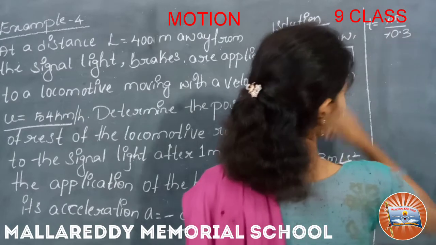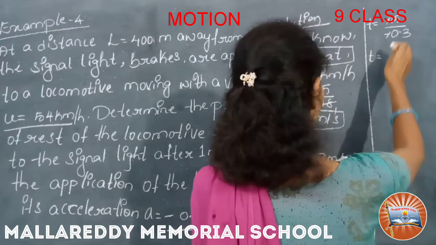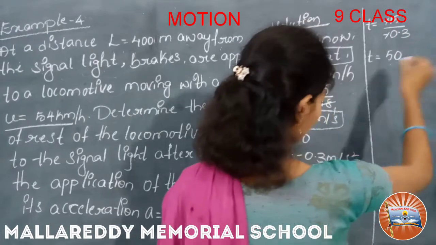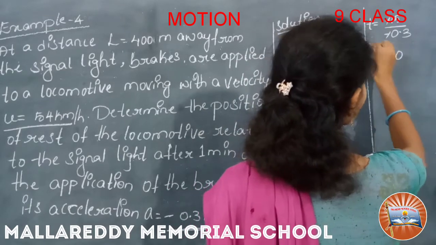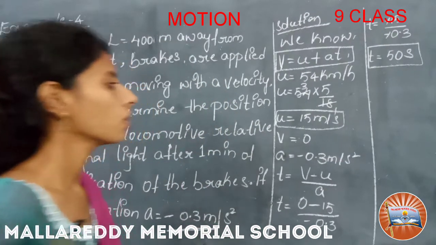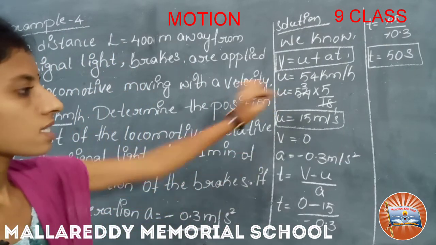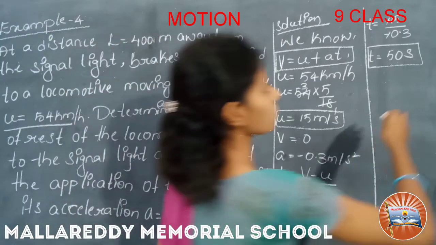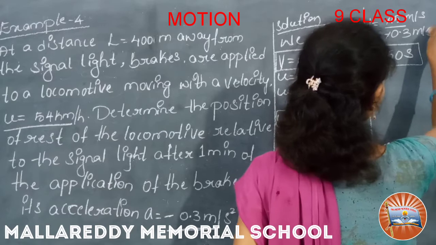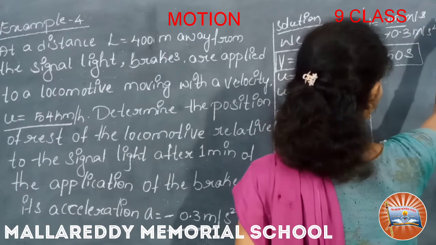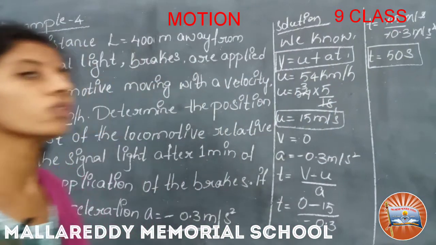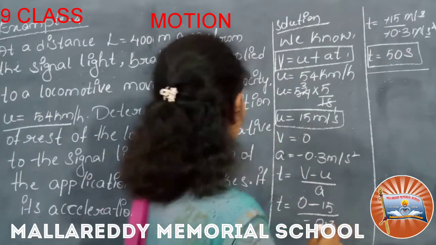The minus signs get cancelled. So 15 by 0.3, we will get 50 seconds. Meter per second divided by meter per second square, meter gets cancelled, second and second cancelled, remaining seconds. So here we got t equals 50 seconds, during which it will cover the distance.